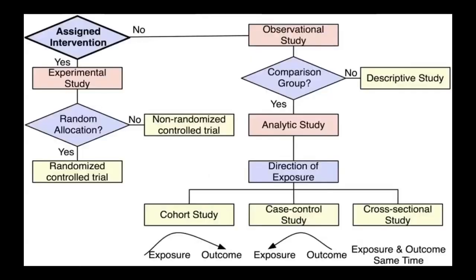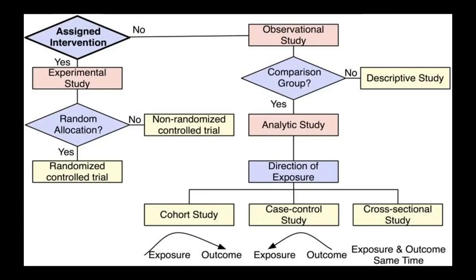There is another beautiful way of this classification: did you assign the investigation, yes or no? If yes, then it is an experimental study. Randomized allocation, yes or no? If no, then it is called a non-randomized trial or quasi-trial study.